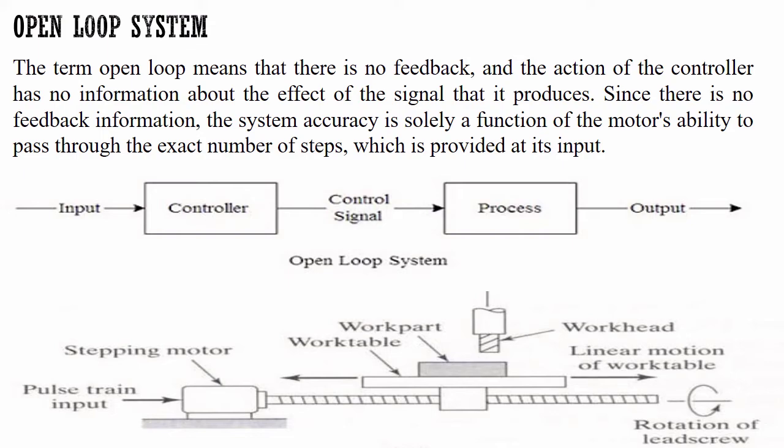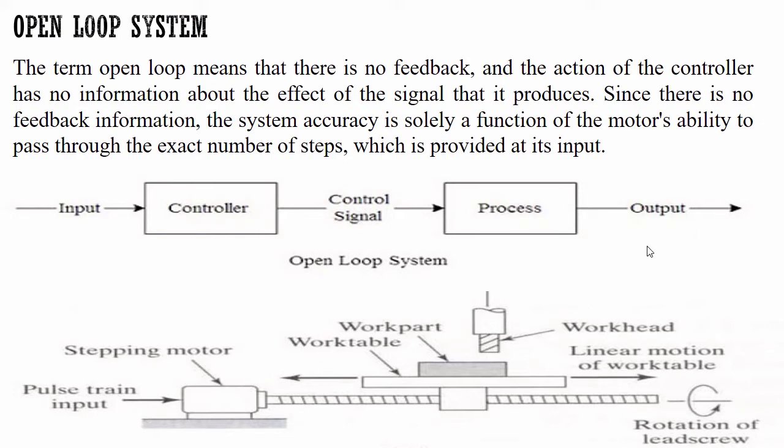But here one should notice that until the operation is done, we will not be able to check whether the proper machining is done, means whether the output from the open loop system is correct or not, until the process is completed.